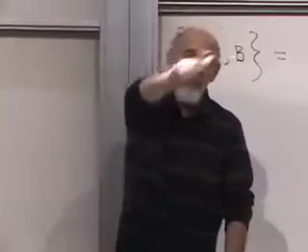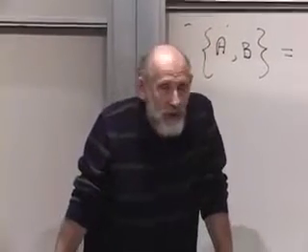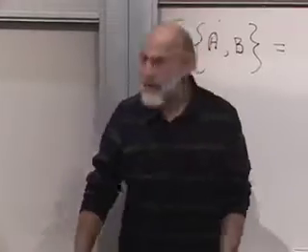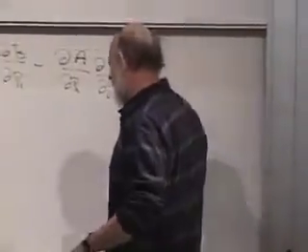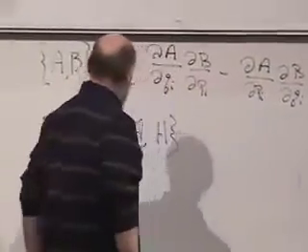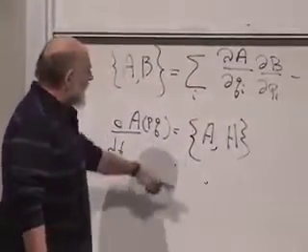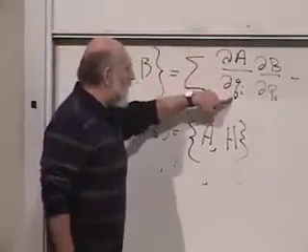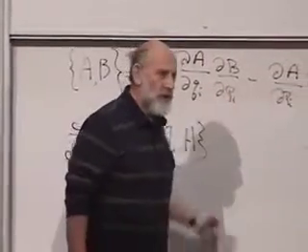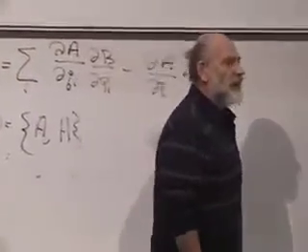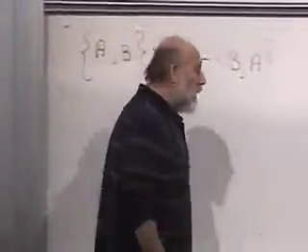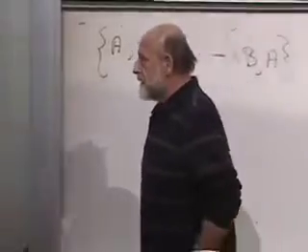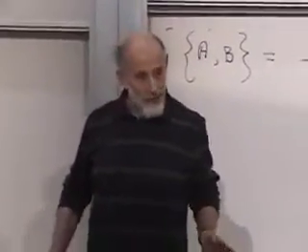What's the time derivative of the function 1 as the particle moves through the phase space? 0, because 1 is just 1 everywhere. Let's just check that. Supposing I plug in, for A, just 1. Well, the derivative of 1 with respect to either a P or a Q is 0. So quite obviously, the Poisson bracket of 1 with anything is 0. Okay? So the function 1 does not change.